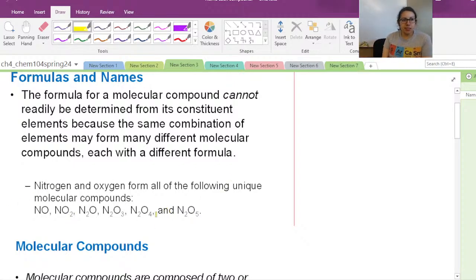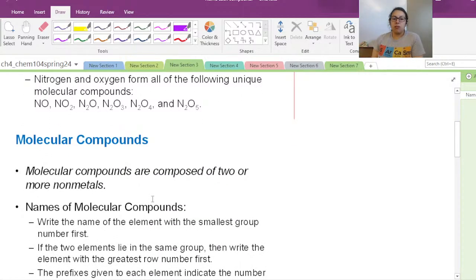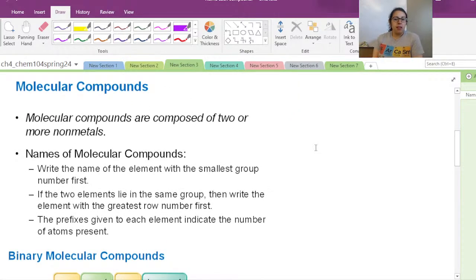How do you distinguish between all of those different combinations? This is also just for molecular compounds with two different nonmetals, just like binary molecular compounds, so not naming anything more complicated since the naming gets much more complex.